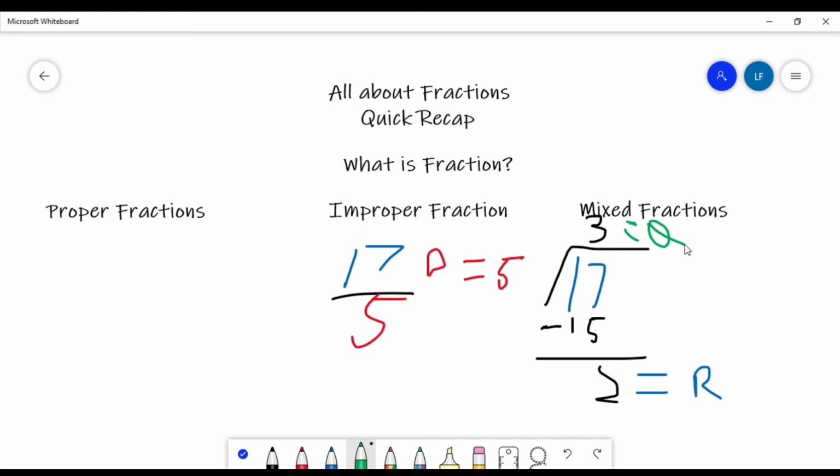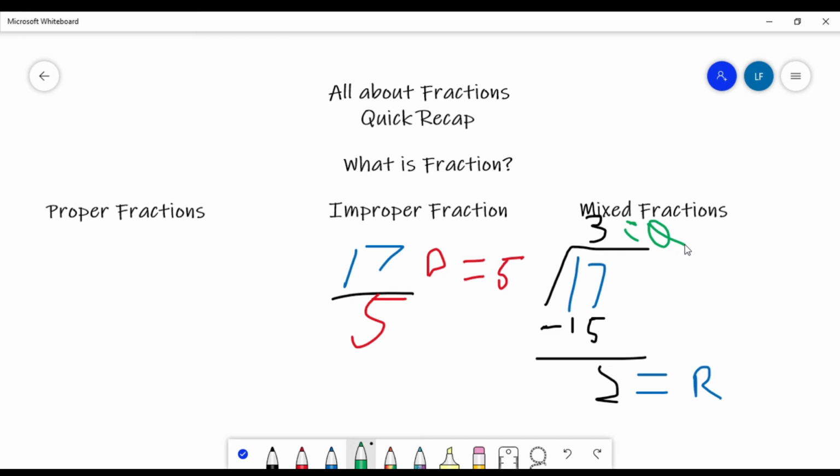Now you may have already found the answers, but for some people I will explain it just in case. 3 is the whole number. The divisor 5 is the denominator, and 2 is the numerator.